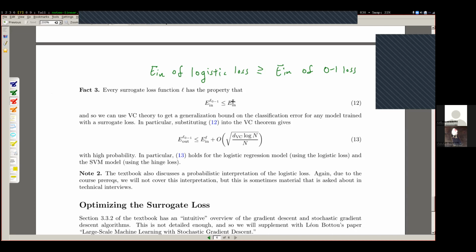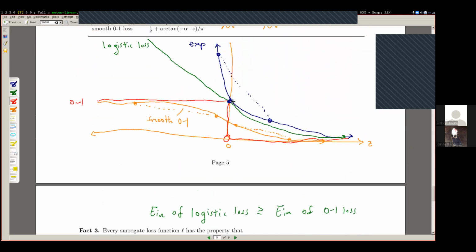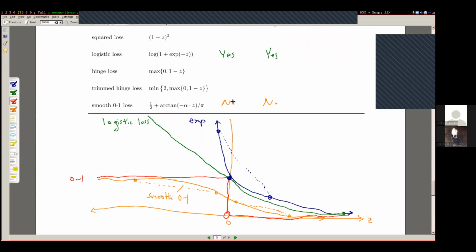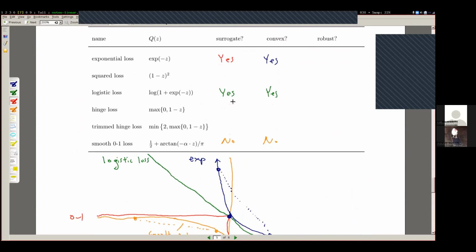We care about convexity because it'll turn out that convexity allows us to efficiently optimize our loss functions. And so if a loss function is both convex and surrogate, then it is a potentially good one for us to use. There's this last property of robustness, which is something else that we'll also want it to have, but we don't quite have enough time to talk about robustness today.